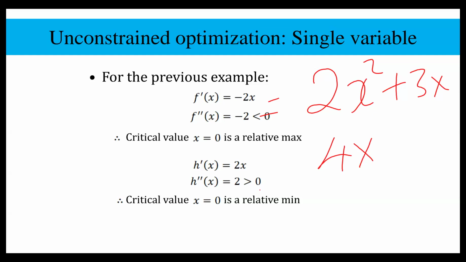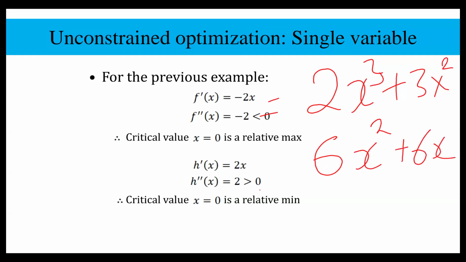Now, let's put the 3 upwards and let it be a higher order function. When we derive the first derivative, we shall have 6x squared plus 6x. This is the first derivative.